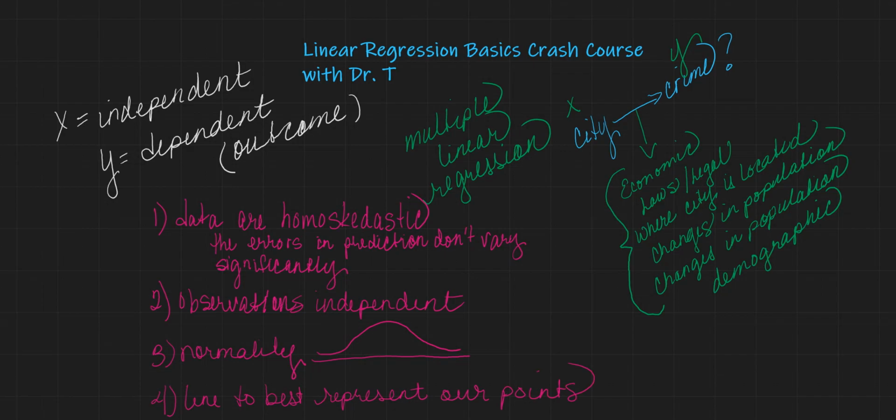Remember when, in the correlation video, I showed you that sometimes you could have a curvilinear relationship. Multiple linear regression is going to fail you if you try to do multiple linear regression and you actually have a curvilinear relationship.